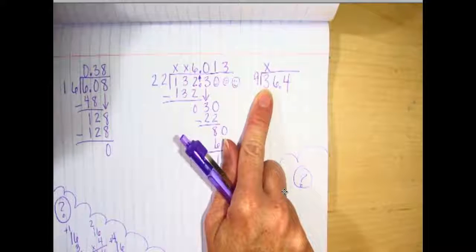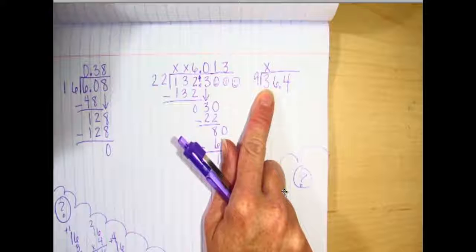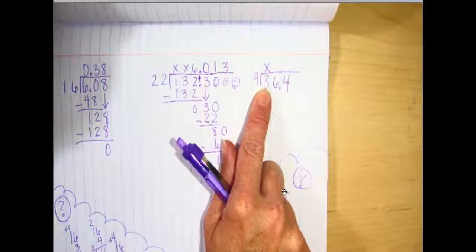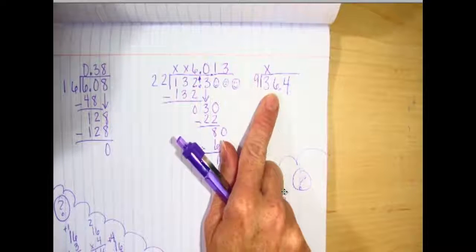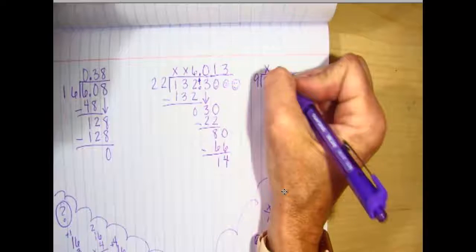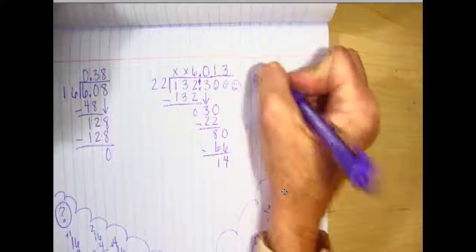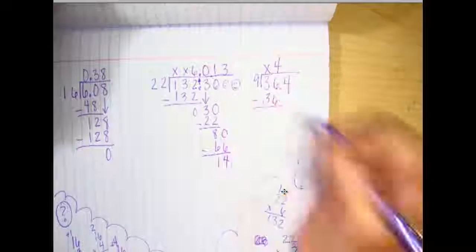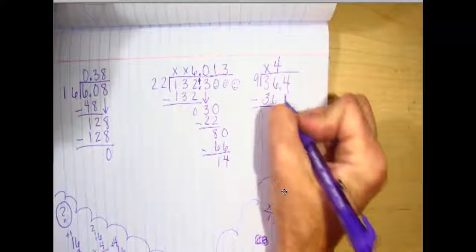Do you guys see why I was being picky about that before in the previous unit? If you put this number here, what's going to happen with your decimal? It's going to be in the wrong spot. So 9 into 36, how many times? 4. 4 times 9 is 36. I subtract. Bring down the 4.